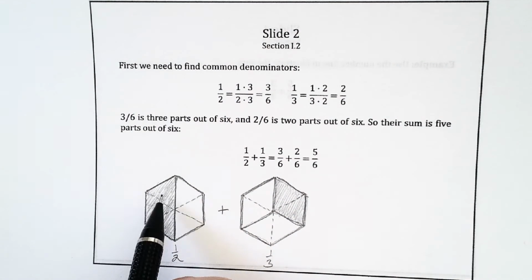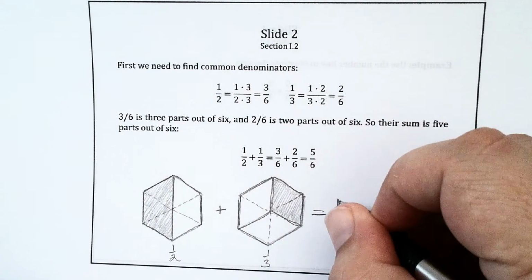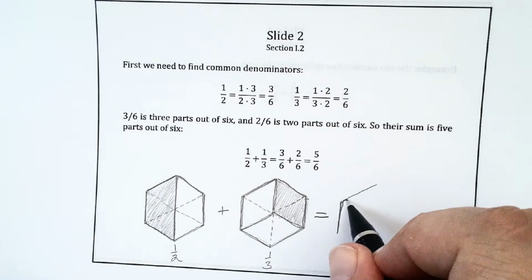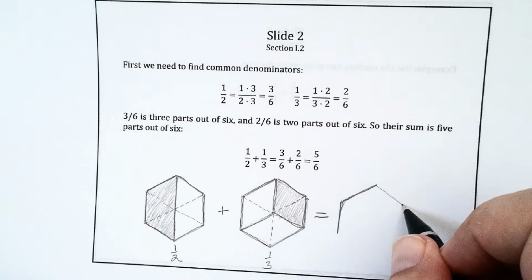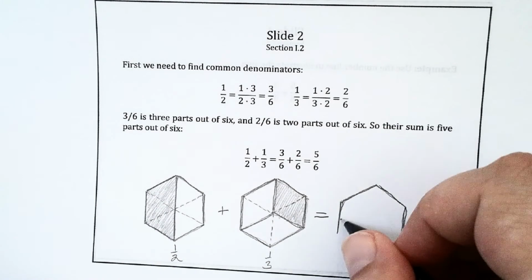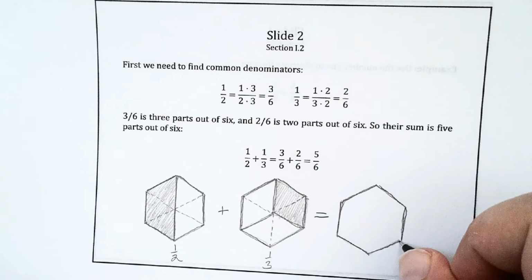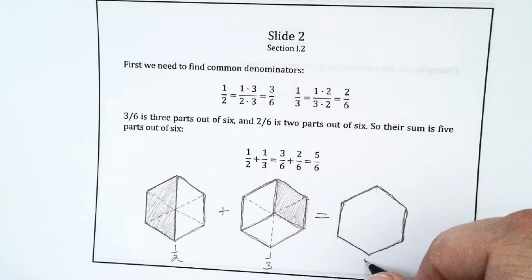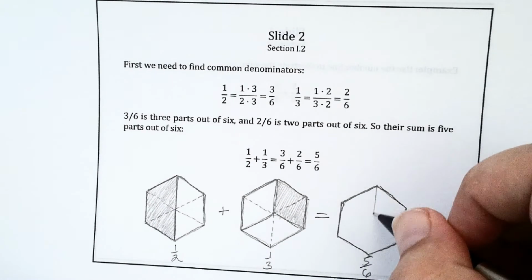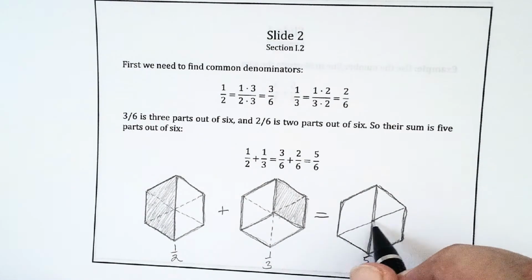And now I see I've got 3 parts plus 2 parts. When I put them together, I'm going to get 5 parts. So let me draw that separately. And I'm winding up with 5 parts out of 6, so that's the answer, 5/6.